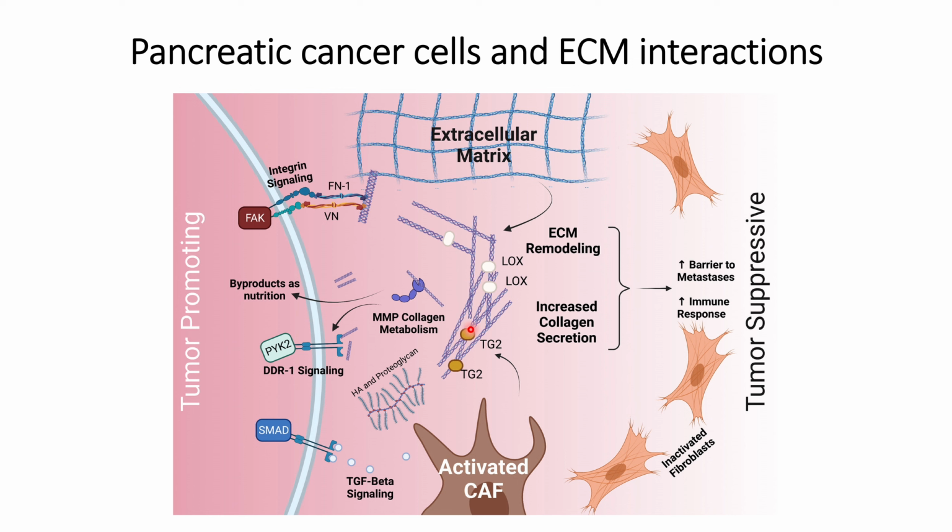These actin polymerizations will then carry the fragmented collagens that help in providing nutrients for the tumor cells. This way the ECM also acts as a tumor-promoting agent. So this is about the dichotomy of the ECM towards pancreatic cancer cells.